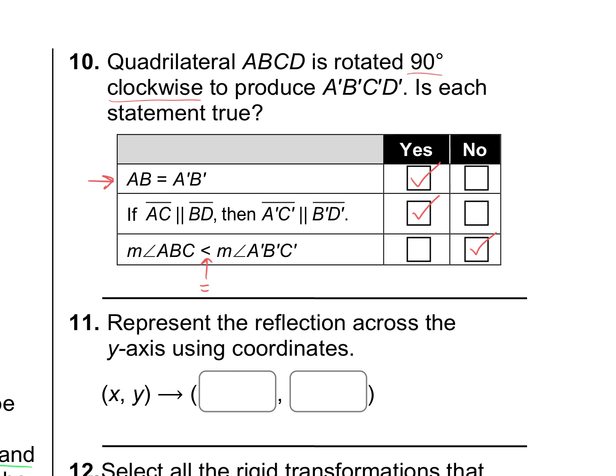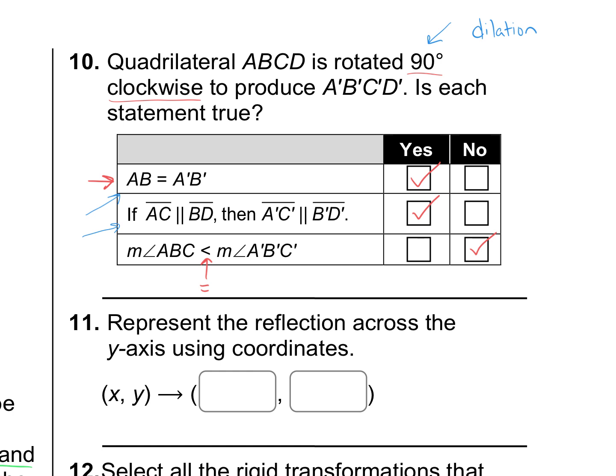Okay, I'm going to ask you this. What if I change the rule here to a dilation? Would that change some things? Okay, what's happening with the dilation? It's getting bigger or it's getting smaller. Okay, so would the lengths of AB stay the same? No, okay, because the side lengths are getting bigger or getting smaller. Would the sides still be parallel to each other after dilation?